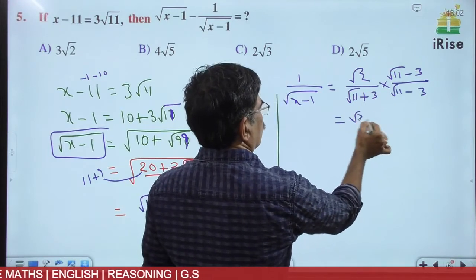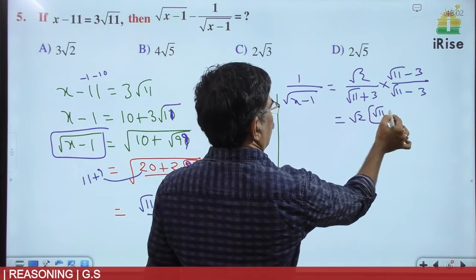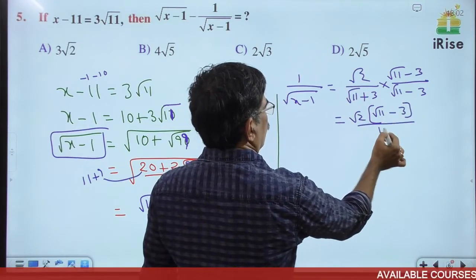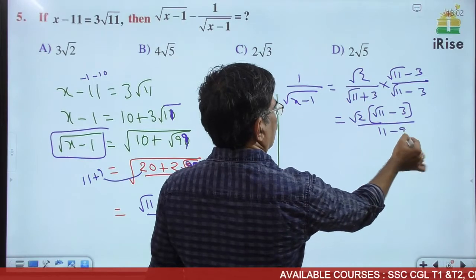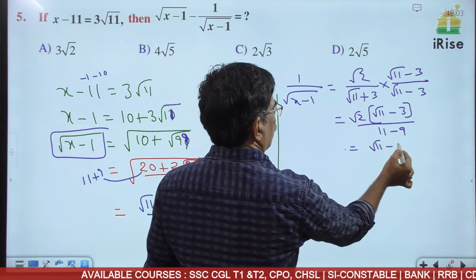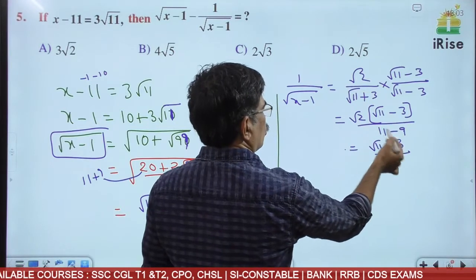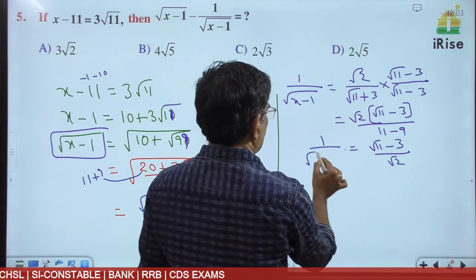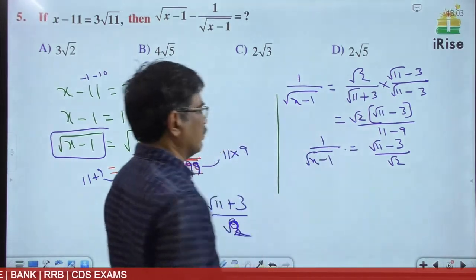This can be written as root 2 into root 11 minus 3 by root 11 whole square minus 3 square, 9. So again this can be written as root 11 minus 3 by, this is 2, root 2 divided, we get root 2. So this is the value of 1 by root of x minus 1.